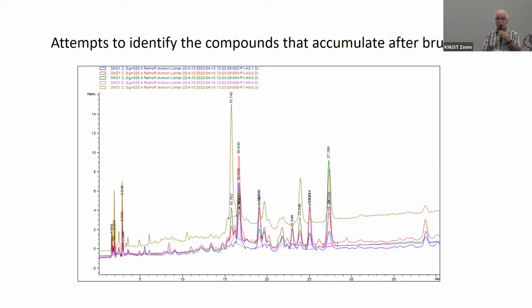We are trying to understand what compounds are accumulating under the skin of the tomato using HPLC, but these attempts are not yet successful. We are trying to identify what compounds, probably phenolic compounds, are accumulating under the skin, and to see if that can help us understand more about what happens when tomatoes are bruised.